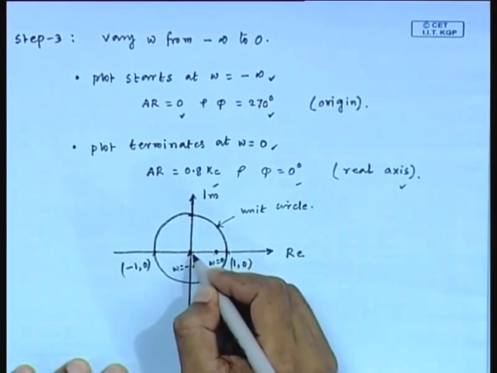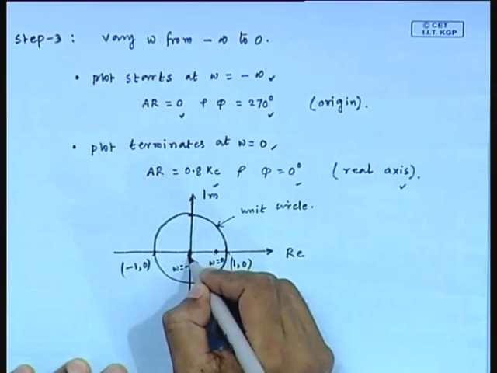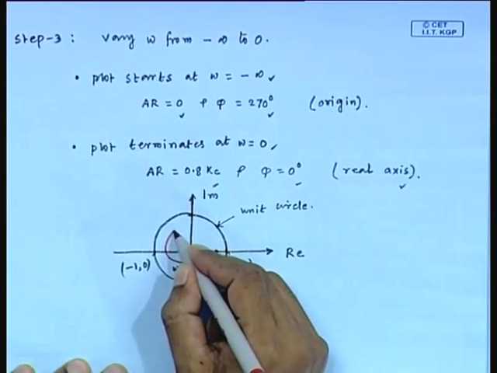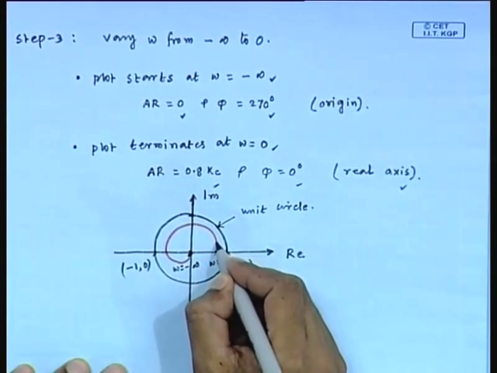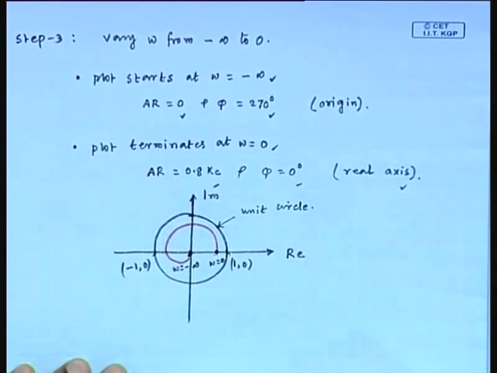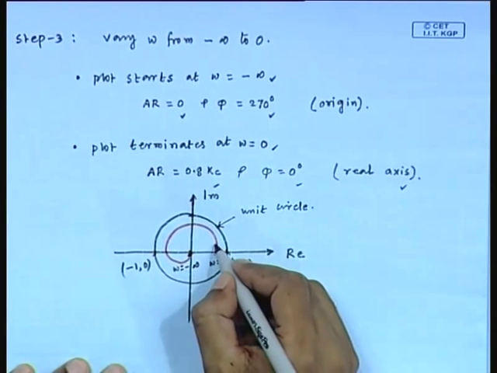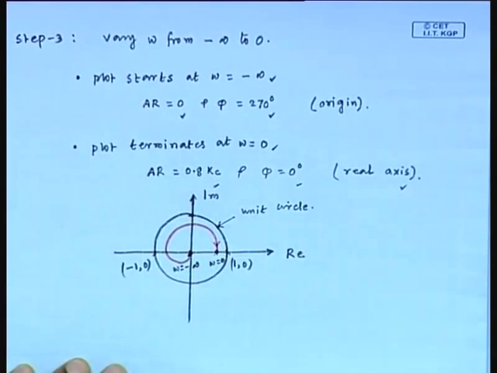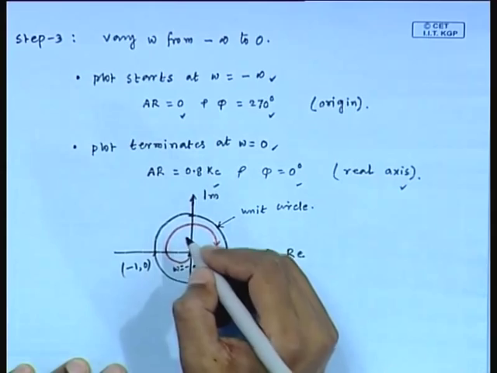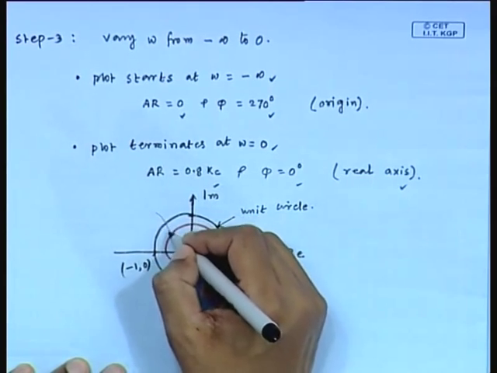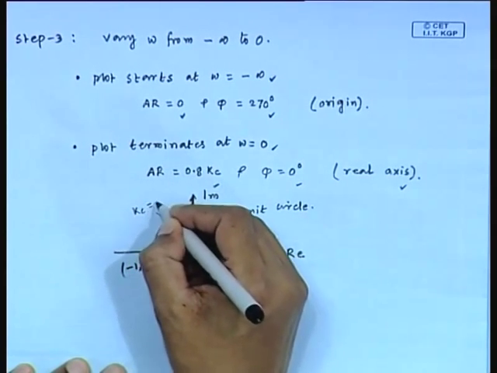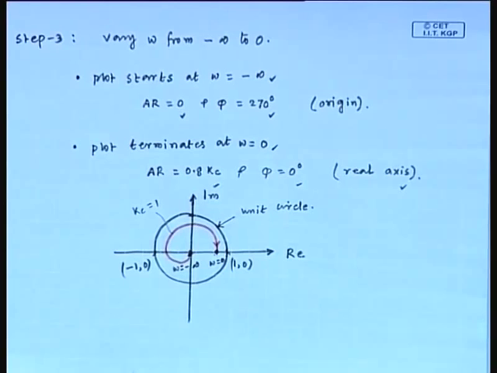So, the polar plot is obtained as this. This is the direction, clockwise. So, this plot we obtain when Kc equal to 1.